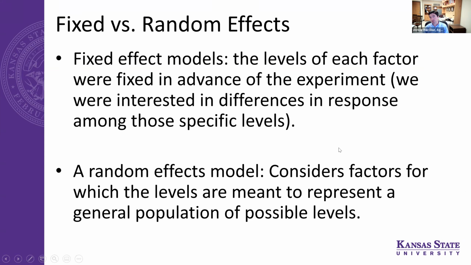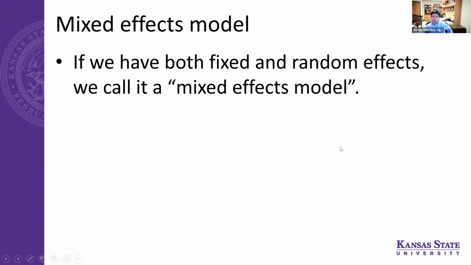So these are the two concepts. But then we have a combination, which is truly what we end up having in agronomy, a mixed effects model, where we basically have both. This is where we have fixed treatments, again, maybe rates of nitrogen or phosphorus or a certain rotation. These are fixed factors.